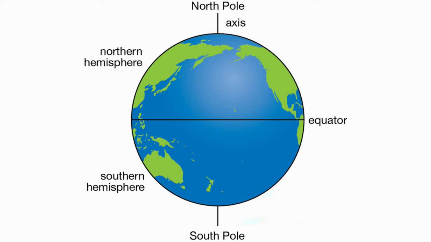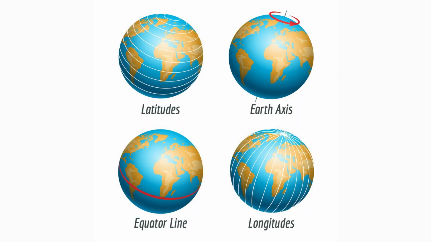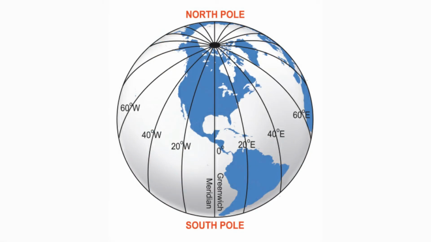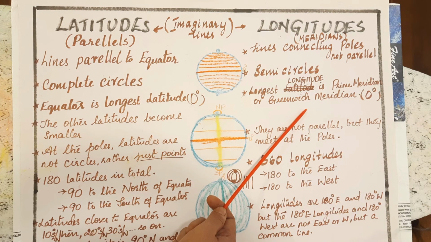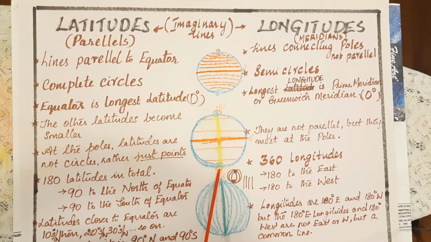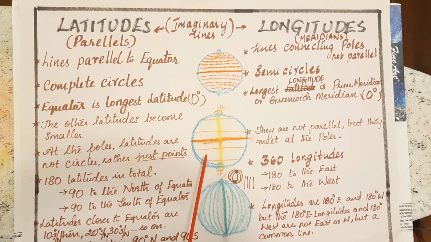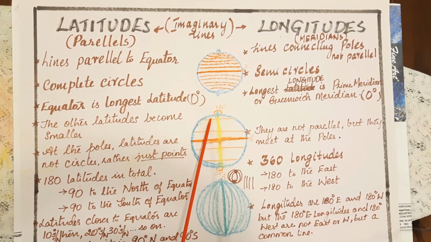There are 180 latitudes, 360 longitudes. The longest latitude is the equator and the longest longitude is the Greenwich meridian or the prime meridian. Then we learned about North Pole and South Pole. We learned about the temperatures. We learned about the latitudes that are special.